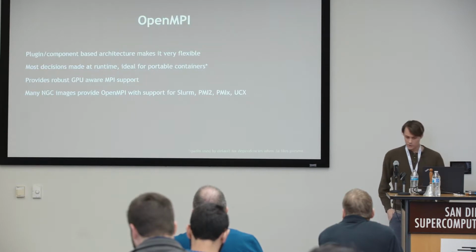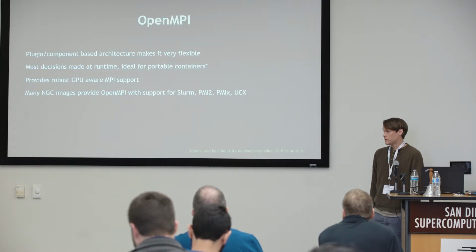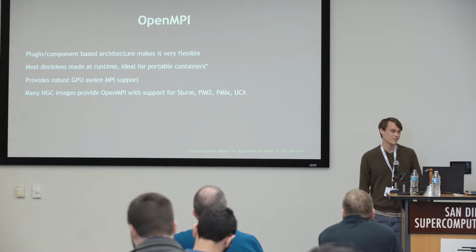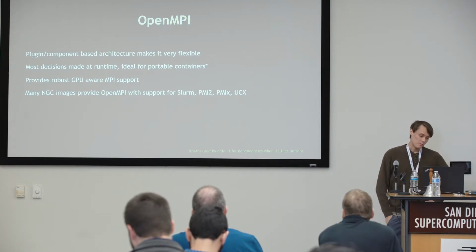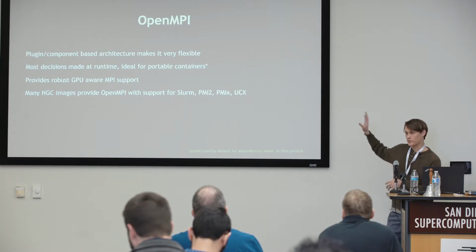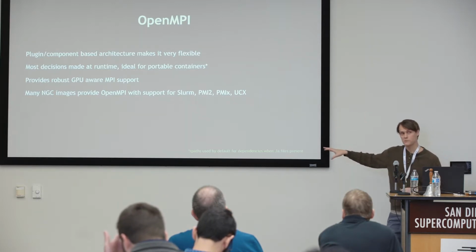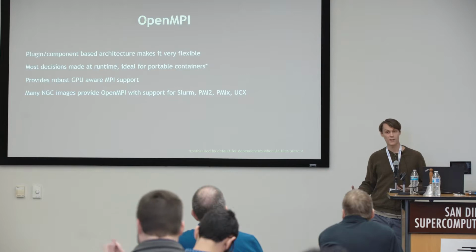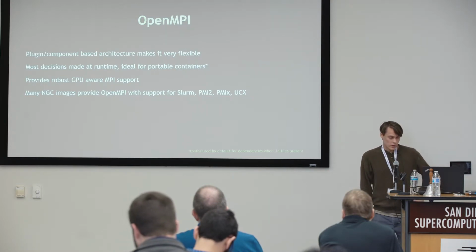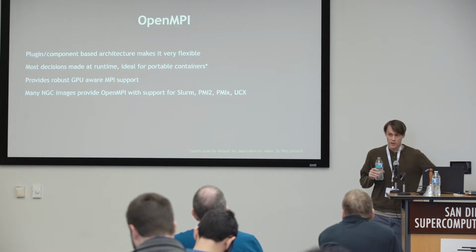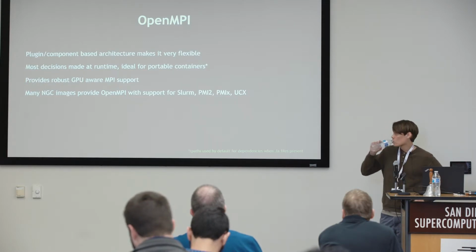We'll skip that. Multi-node, everyone in HPC likes to talk about multi-node containers. They're very challenging. Not everything is figured out, so I'm presenting the strategy we're currently taking, but this is hopefully a dialogue, so I'd like to hear what other people are thinking. We currently use OpenMPI as the basis of our multi-node support.